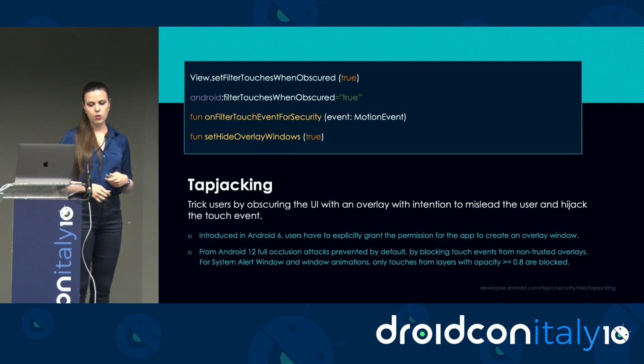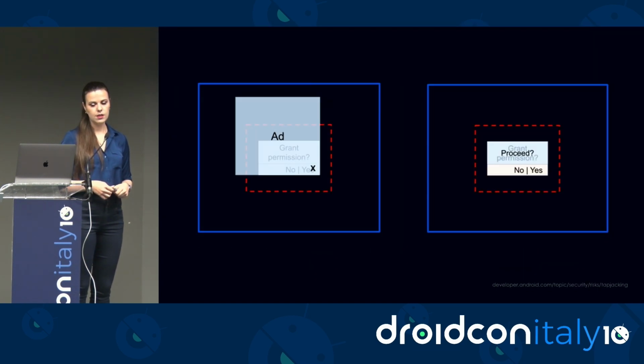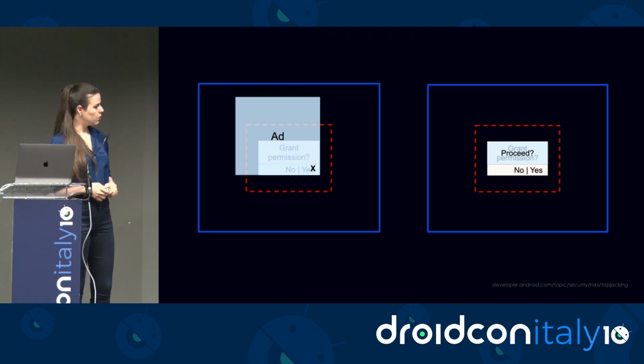And to see how we can do that, let's first see what exactly this attack is. You can see these two pictures here. On the right side, I'm not sure if you can all see it, there is a dialog below the ad overlay, which asks the user for certain permissions. It has a yes and a no button.